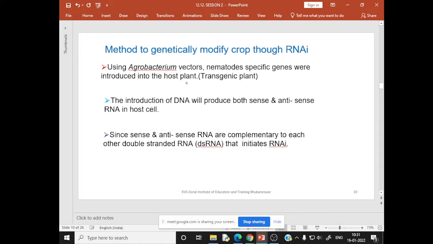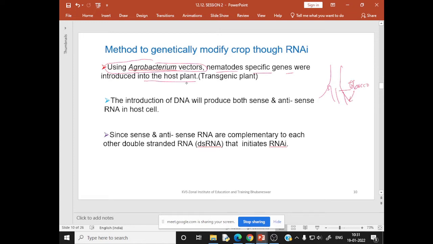Now how to do this? Using Agrobacterium vectors, which you learnt about, nematode specific genes were introduced into the host plant. What is the host plant? The host plant is the tobacco plant.